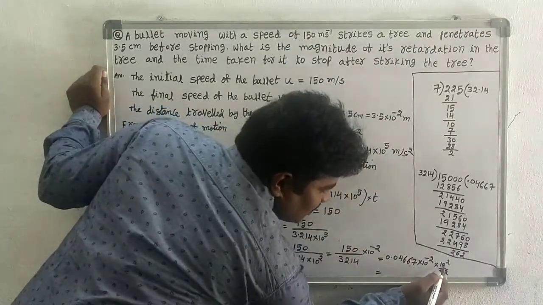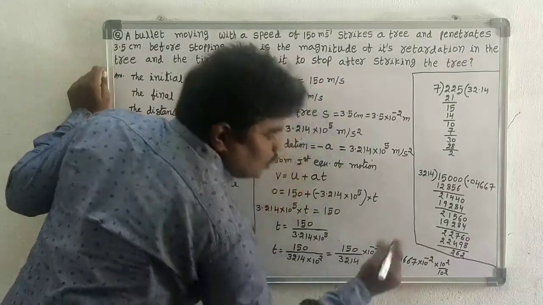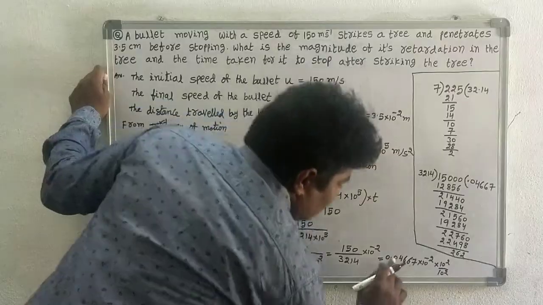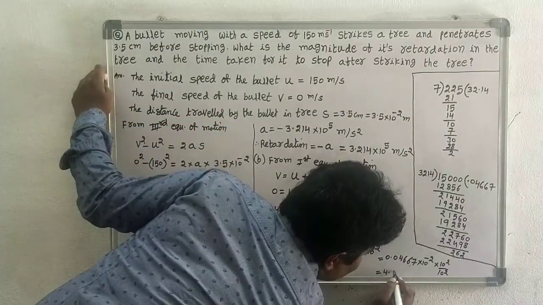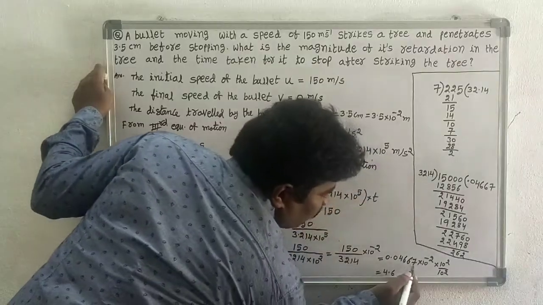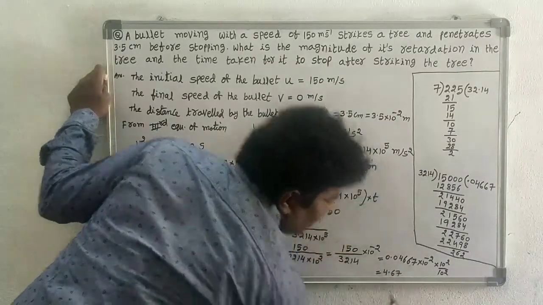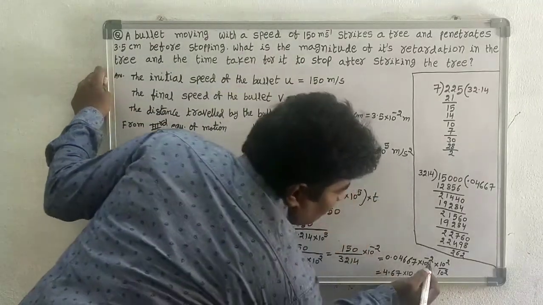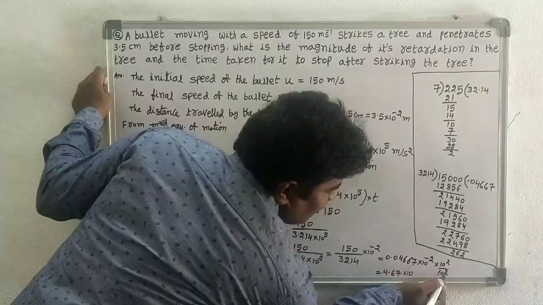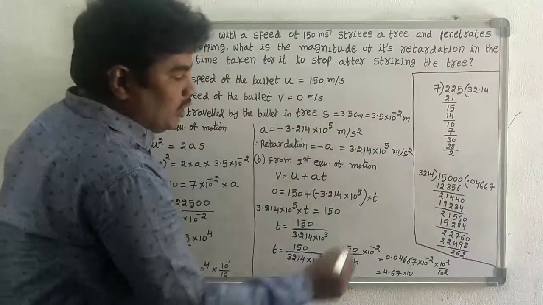When we multiply this value by 100, the decimal point moves two places to the right. So we get 4.6, and by rounding off, this 6 can be written as 7, into 10 to the power of minus 2. This 10 square comes to the numerator and becomes 10 to the power of minus 2.